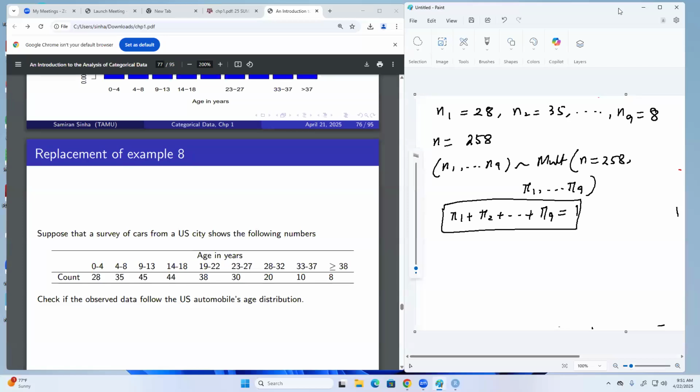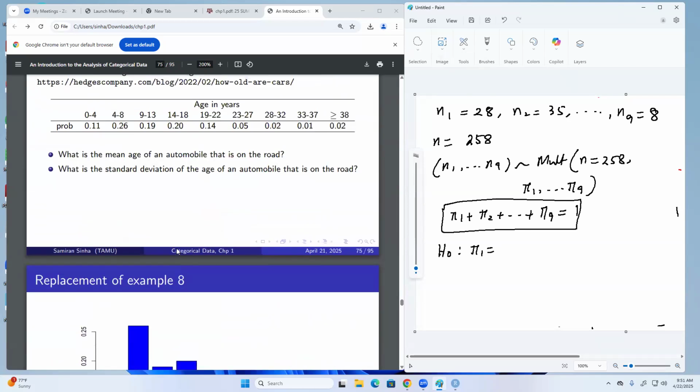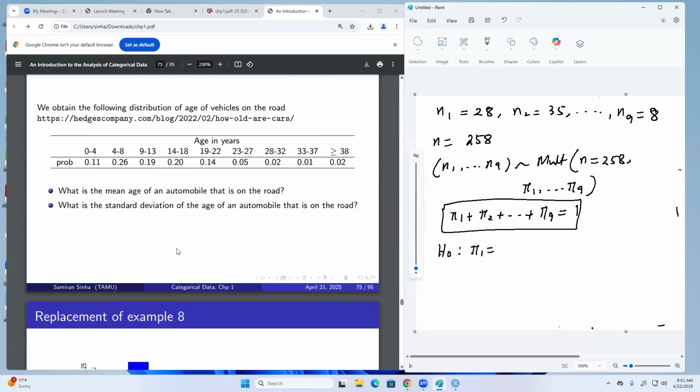Now, what do we want to test? We are interested in testing whether pi 1, pi 2, up to pi 9 are the same as the age distribution given on this page. Pi 1 equal to 0.11, pi 2 equal to 0.126, so on and so forth, and pi 9 equal to 0.02.